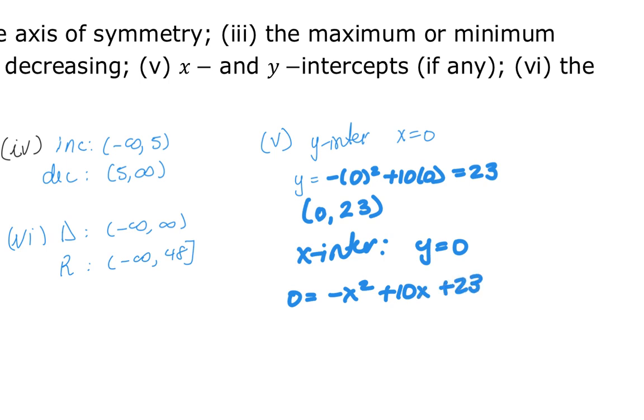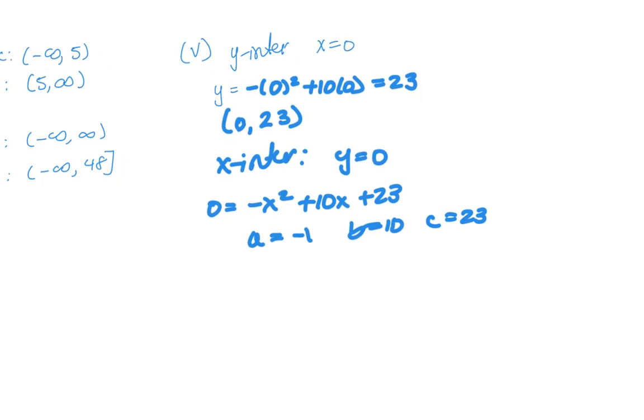We know that this thing does not factor, and you're like, how do I know that so quickly? Because this is a prime number. Prime numbers aren't going to factor into 10. This is not going to happen. So I have to use the quadratic formula. A is equal to -1, B is equal to 10, and C is equal to 23.